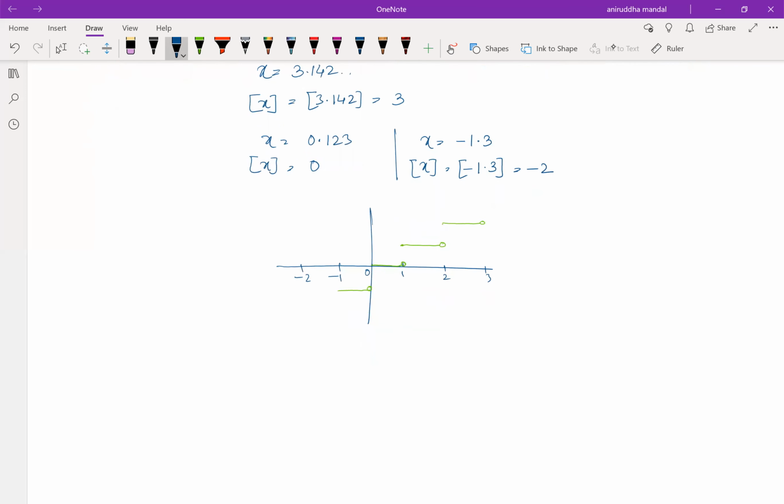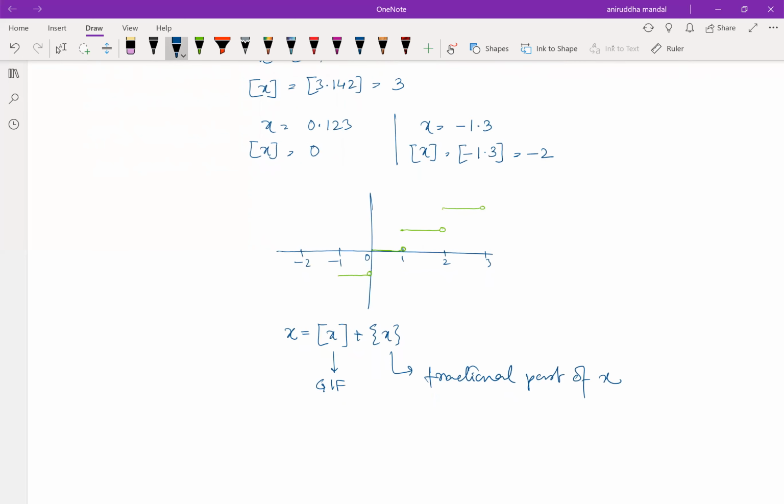Again, any number x can be written as box x plus the fractional part of x. So this is the GIF, the greatest integer function, and this is the fractional part of x.